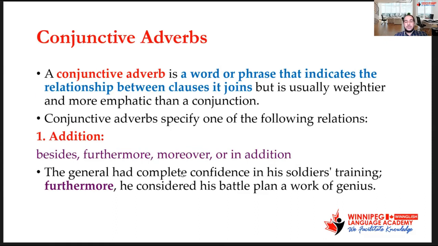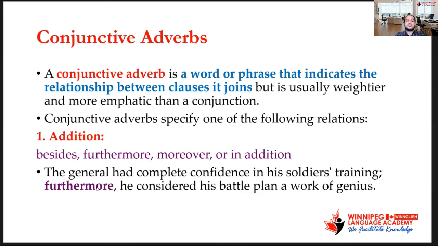Because if you have these two sentences as separate sentences, for example, the general had complete confidence in his soldiers' training, full stop. Furthermore, comma, he considered his battle plan a work of genius.